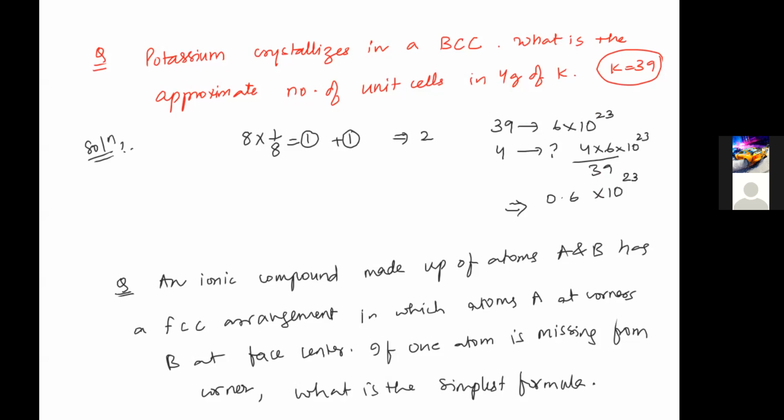Now I'll have to divide this by 2, because the number of atoms per unit cell is 2. So for these many atoms, the number of unit cells is 3 into 10 power 22, or you can write it as 0.3 into 10 power 23. Anything is fine. This is the answer. If you have copied the first answer, I'll clear the first one, and I'll write the second answer on the top as the question is at the bottom.